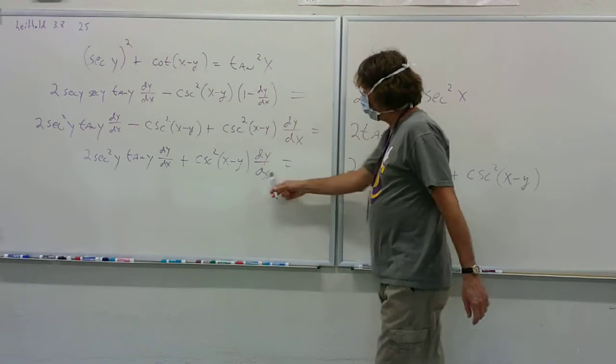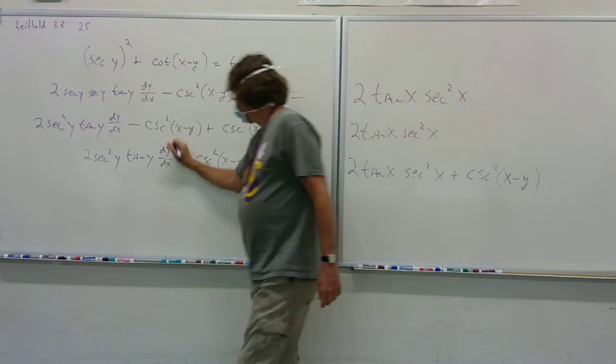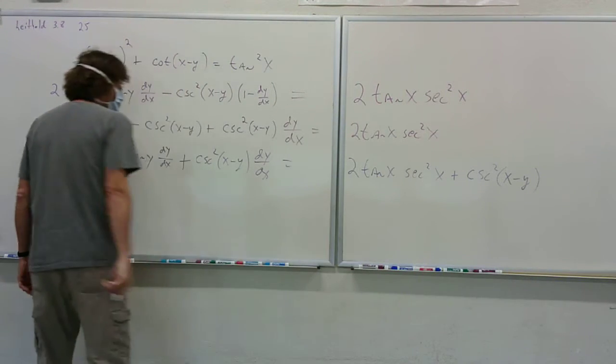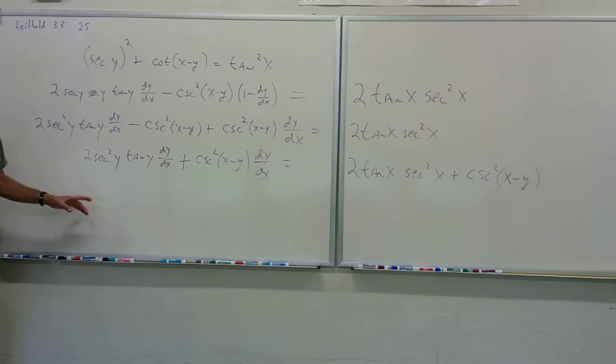Now, what are you about to factor out of both of these? Yeah. So you can probably skip a step here because you know it's going to be dy over dx equals everything that's over there divided by the parts that are left after you factor it out. Fair enough?